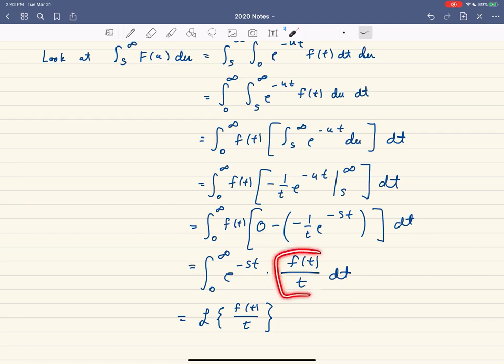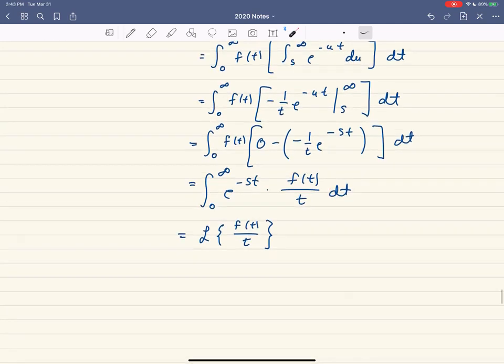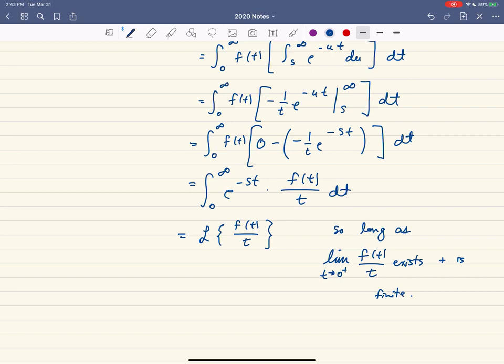But the trouble part is actually at 0. So these are all valid operations so long as this function is nicely behaved at 0, so as long as the limit of f of t over t exists and is some finite number. Okay, that's the mild assumption that we need to make. We don't really need to think too much about that, but that is that transformation there.